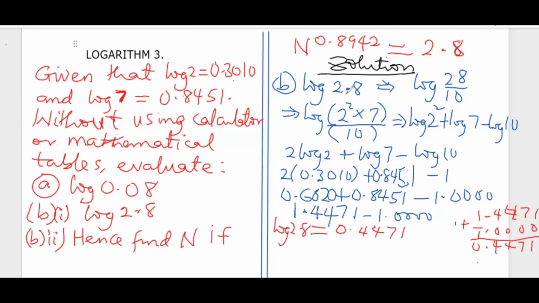Keep this. Please, let's keep this in mind because we need it in BII, where they say hence. Hence means use the previously obtained answer, the answer you just obtained, to find n in this equation. So if you go to BII, let me remove this.